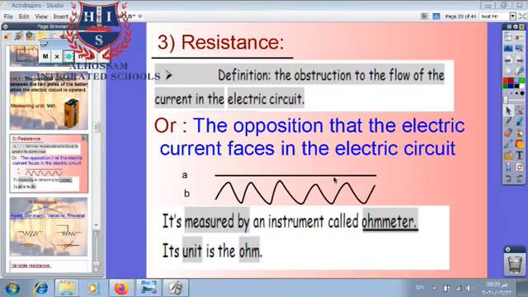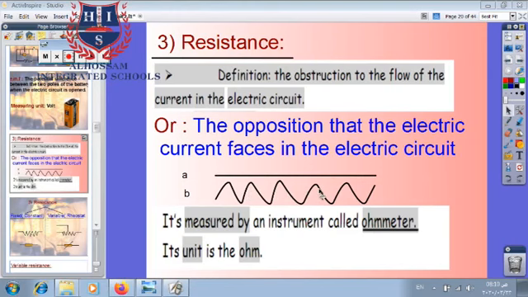So there is no opposition or small opposition in case of path A, while in path B you will find more opposition, something which tries to stop you, which is the resistance.